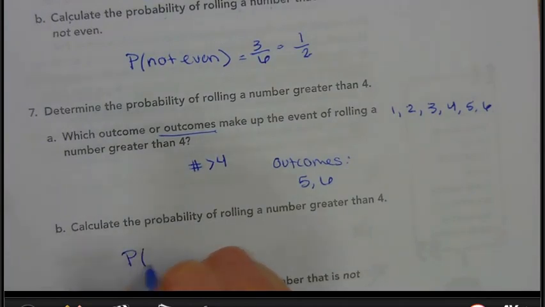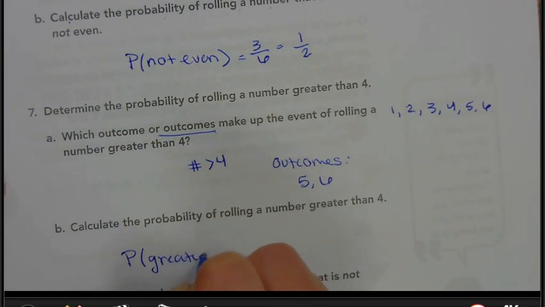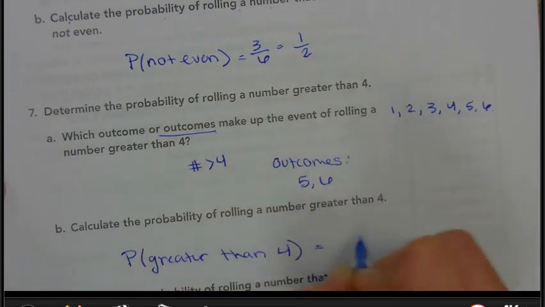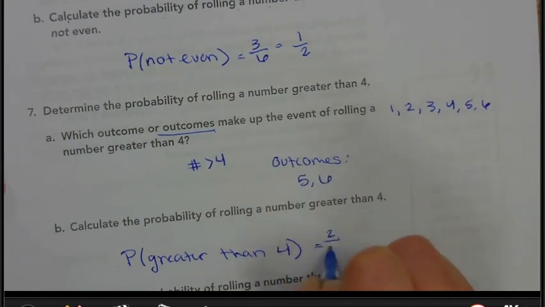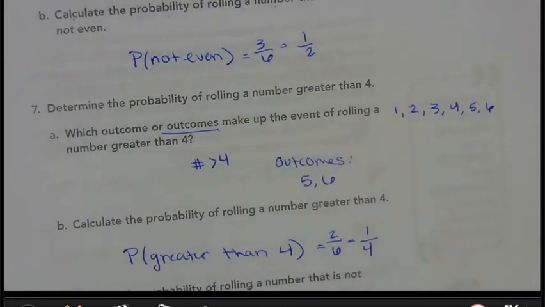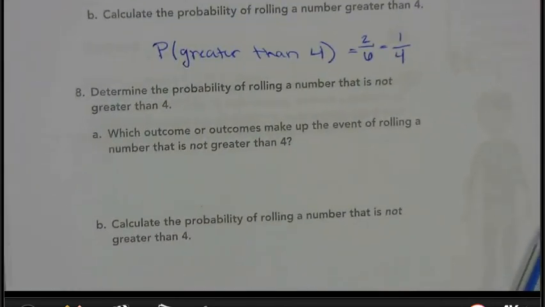So then what's the probability of greater than 4? There are 2 total outcomes out of 6 in all, which means I have a 1/3 chance of rolling a number that is greater than 4. All right, number 8.